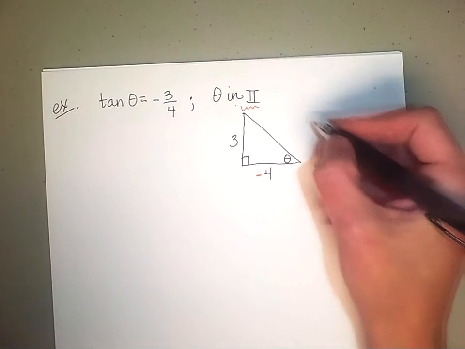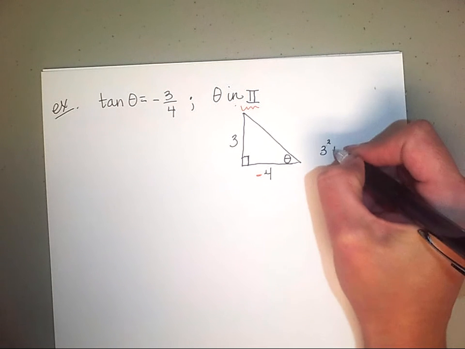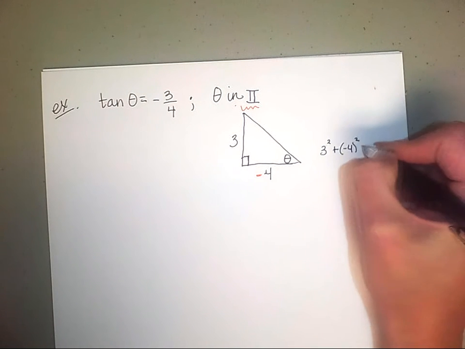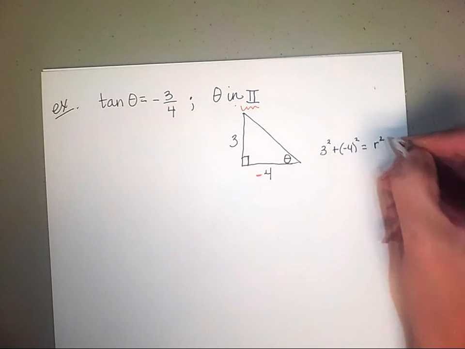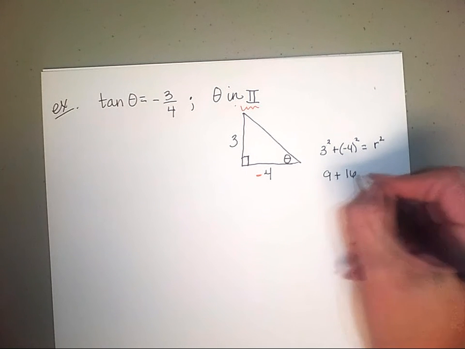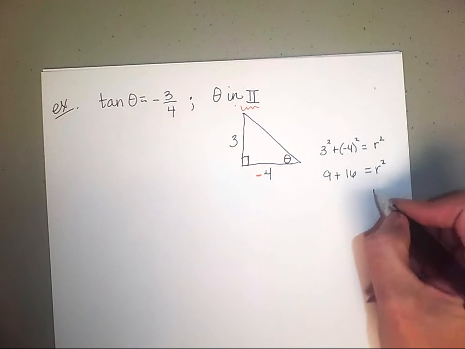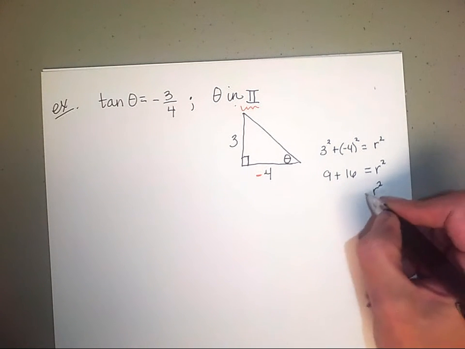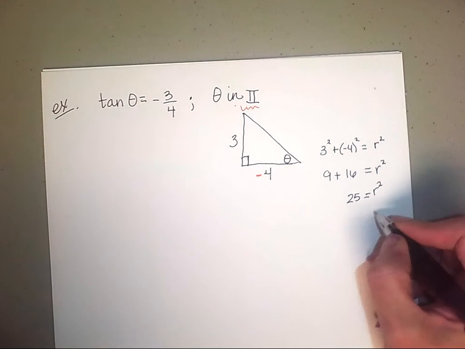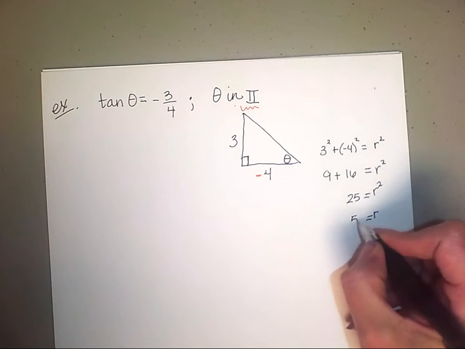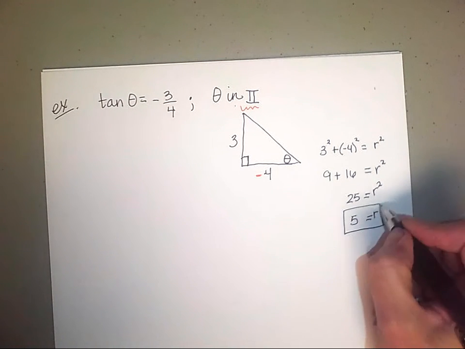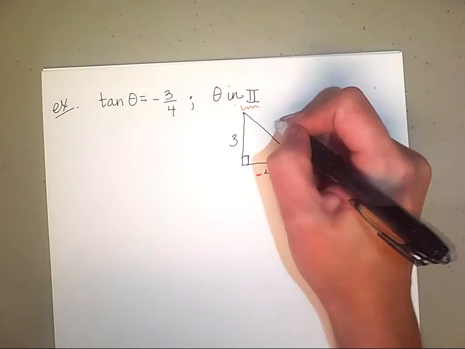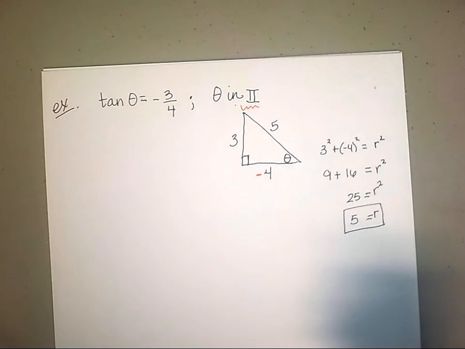You could solve it using Pythagorean theorem to see that 3 squared plus negative 4 squared is equal to r squared, or 9 plus 16 is equal to r squared. So r squared is equal to 25, which makes r equal to just 5. R will always be positive. Okay. So this is a 3, 4, 5 triangle.